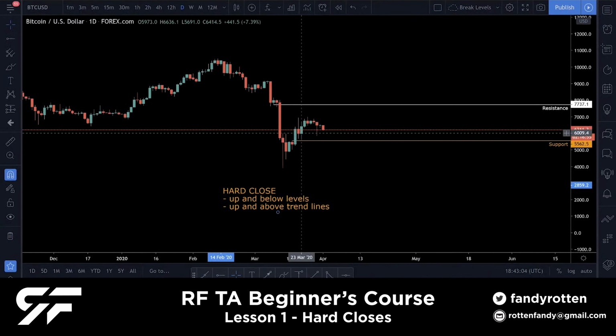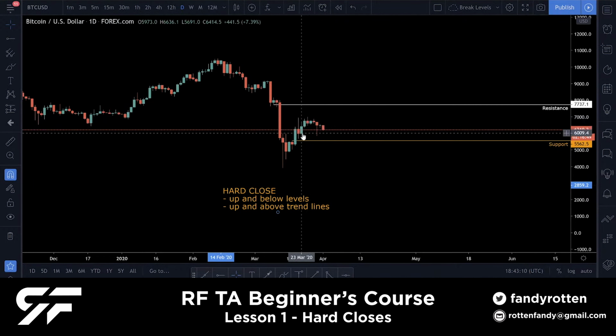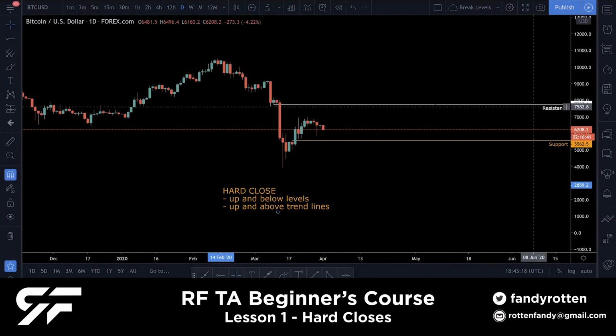Now, do you see this candle, this candle, this candle, all of these other green candles? They are hard closes. Why? Because the bottom of the body of the candle is above this level. Same thing with resistance. I've identified a resistance over here. This candle, these two candles, are not hard closes.